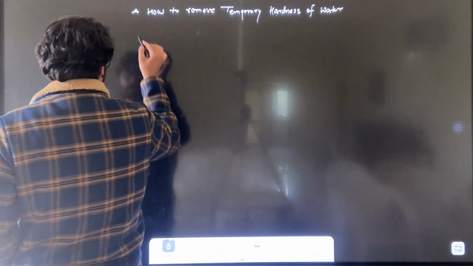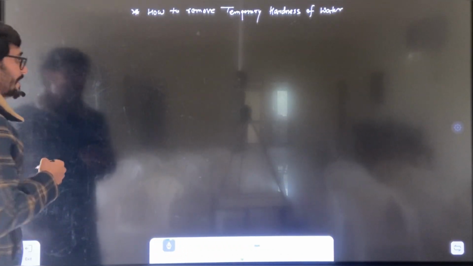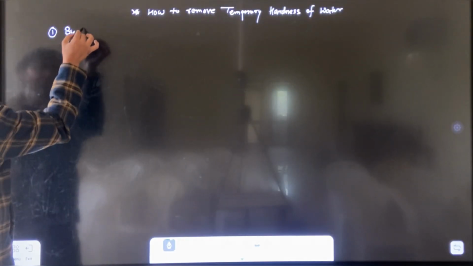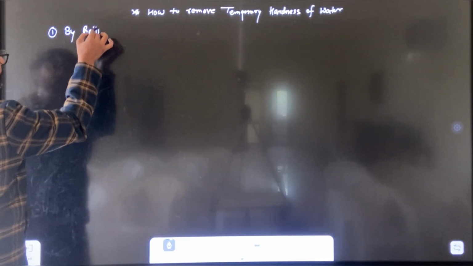In the removal of temporary hardness, the first method is by boiling.